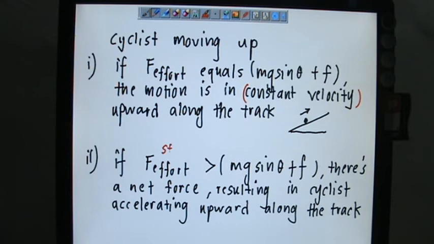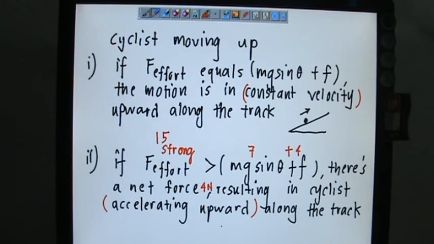But if you're really strong and your effort is really more than the gravity and the friction, let's say here 7, let's say here 4, but here you have 15. 15 minus 11, you still have net force of 4 Newton. If you have net force going up 4 Newton, meaning you are accelerating upward along the track, and you are actually a very strong person because you are able to do this kind of achievement.